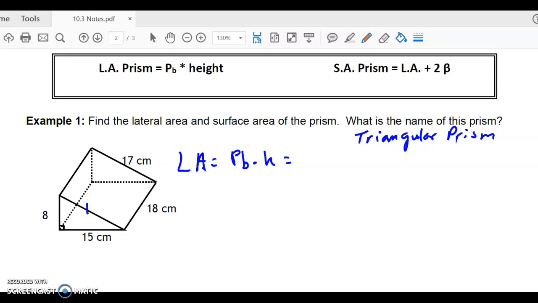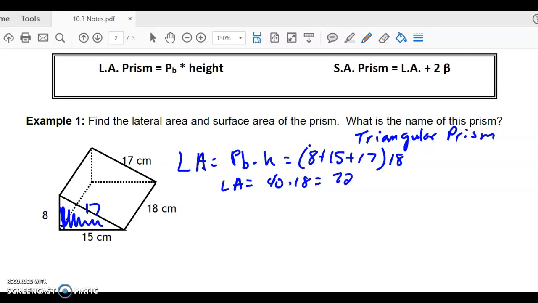Well, the perimeter of the base, which happens to be this triangle, is 8 plus 15 plus 17. And the height is 18. So the lateral area would equal 8 plus 15 plus 17, which is 40, times 18 would be 720 square centimeters.